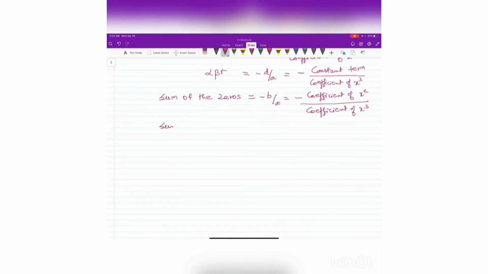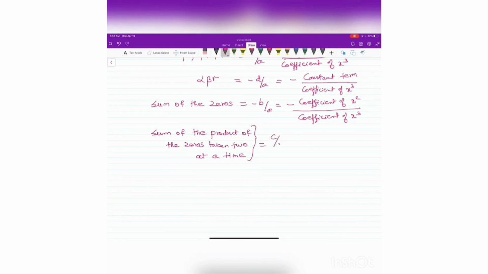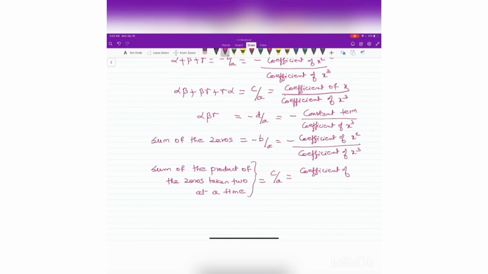Then the sum of the zeros is equal to minus coefficient of x square by coefficient of x cube. The sum of the product of the zeros taken two at a time is equal to c by a, that we got, alpha beta plus beta gamma plus gamma alpha, c by a, which is nothing but coefficient of x by coefficient of x cube.